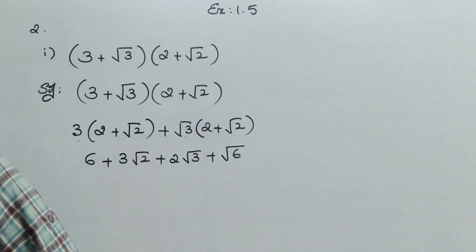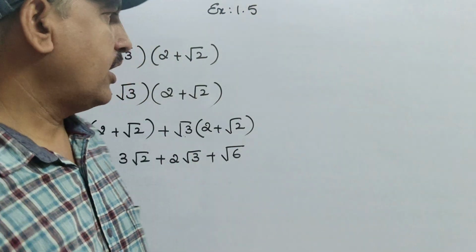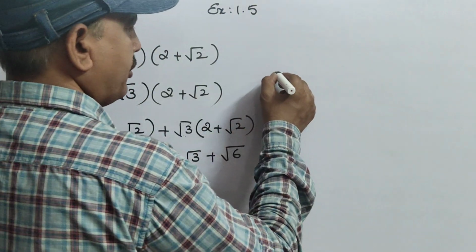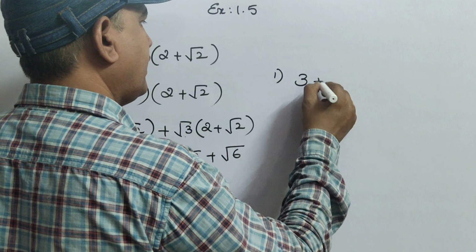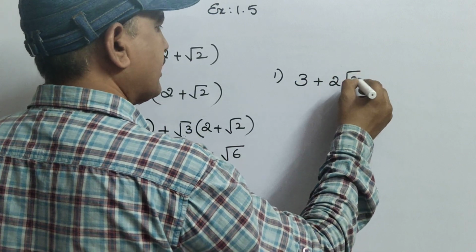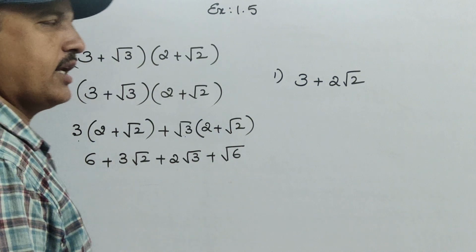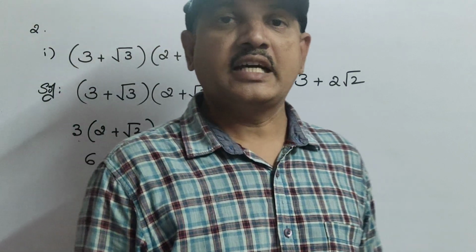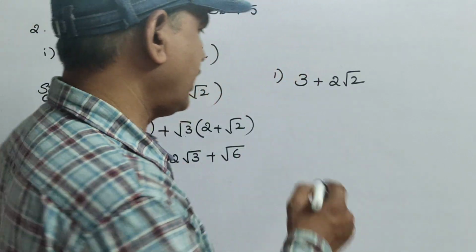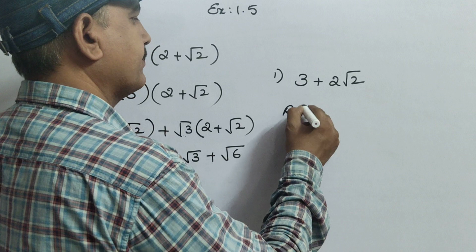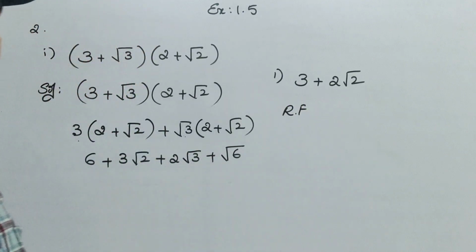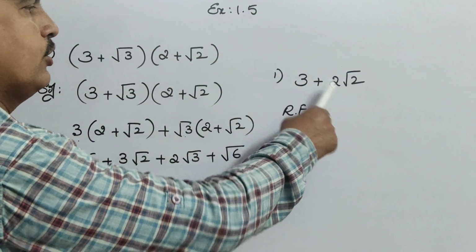Before doing the fifth Roman, I want to tell you one thing here. Suppose the question given is 3 plus 2 root 2. If they ask, what is the rationalizing factor? Rationalizing factor, the shortcut is RF. They will ask this question: what is the rationalizing factor of 3 plus 2 root 2?